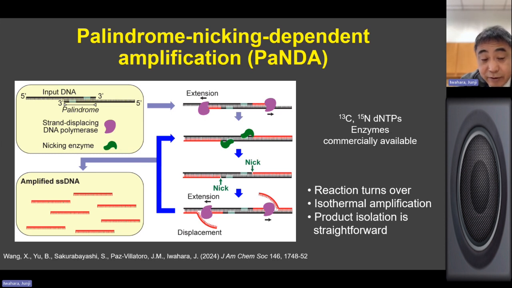The same thing is true here. This is basically an amplification method, and product isolation is quite straightforward, even for single-stranded DNA. Basically, it was possible due to special features of strand-displacing DNA polymerase and a sequence-specific nicking enzyme.